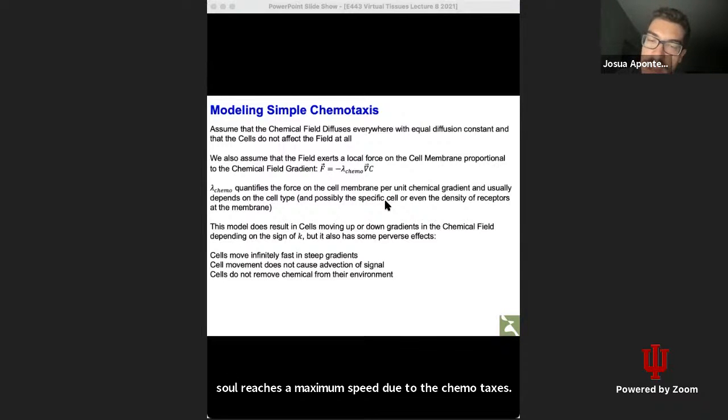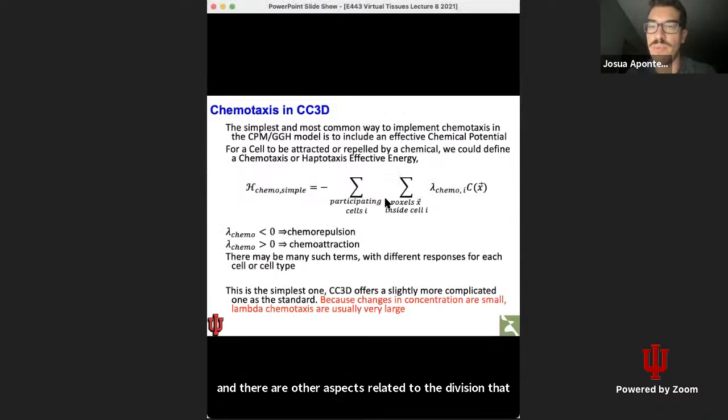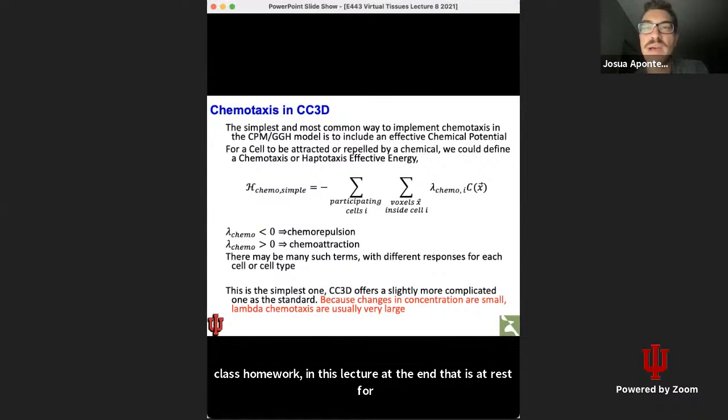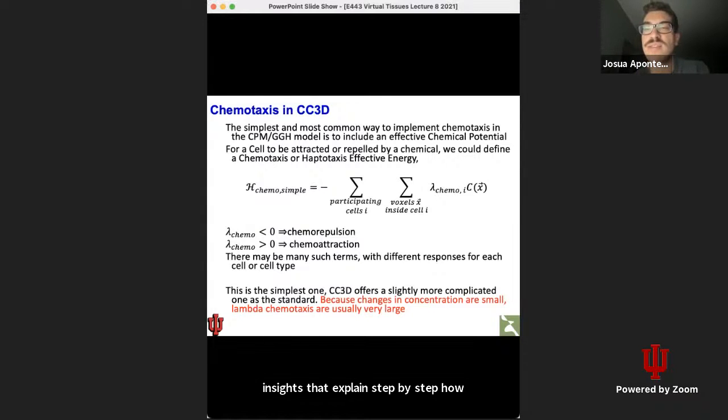And there are other aspects related to the diffusion that we will not care about right now, but we can come back to later. The way chemotaxis is implemented in CompuCell is slightly complicated, but if you have questions, we could either come back to this at the end of the class, or there are reference slides at the end of this lecture that explain step by step how the chemotaxis is implemented.